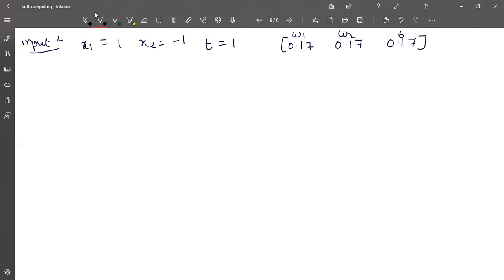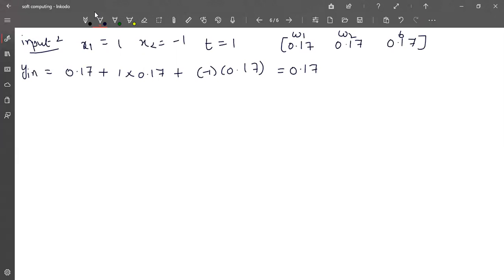So now calculate the net input value. Yn is equal to bias 0.17 plus x1 into W1 0.17 plus x2 -1 into W2 0.17. So these two will get cancelled. We will be getting 0.17 as Yin value.